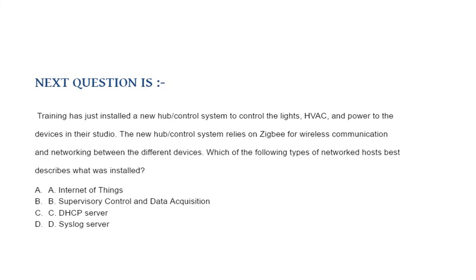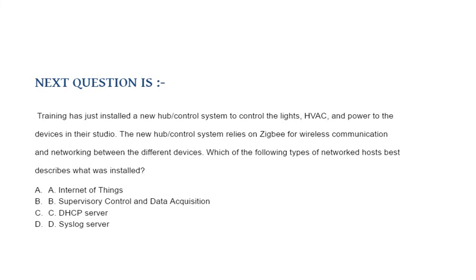Next question is, Training has just installed a new hub control system to control the lights, HVAC and power to the devices in their studio. The new hub control system relies on Zigbee for wireless communication and networking between the different devices.